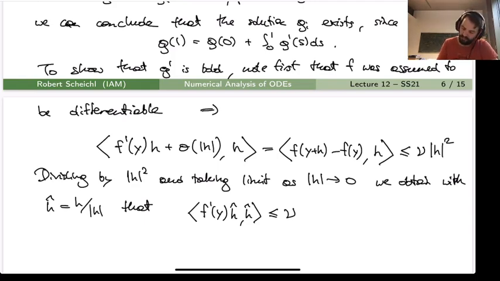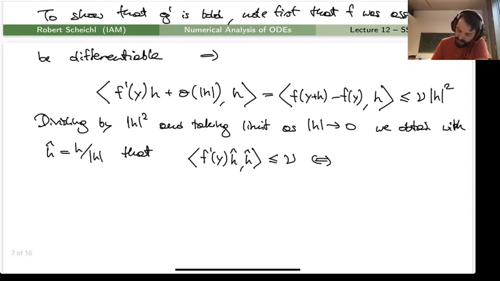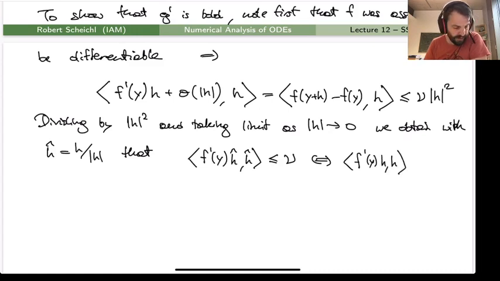Equivalently, not working in unit vectors, we can also multiply again by h squared once we've taken the limit. In order to take the limit, you need to go to these unit vectors, but then you can multiply by h again, and you find that this is less than or equal to nu times norm h squared for all h in C^d.